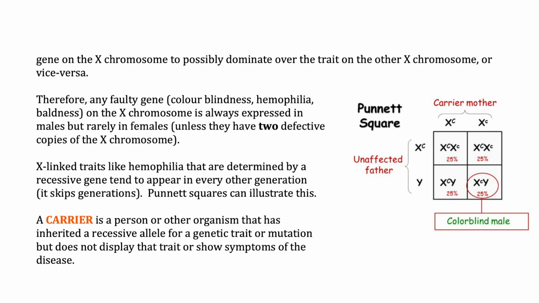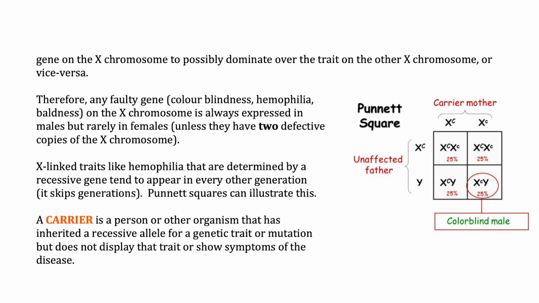And you will see that's an example. You can see an example of a colorblind male, and in the Punnett square up top here, you can see that this father is a capital C, so he's unaffected.